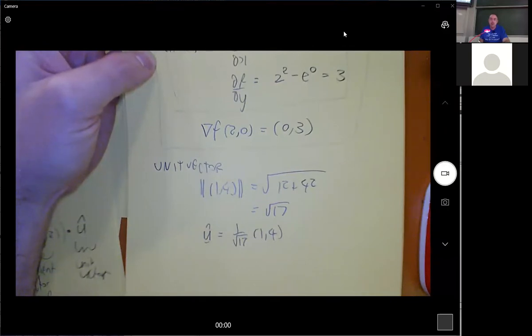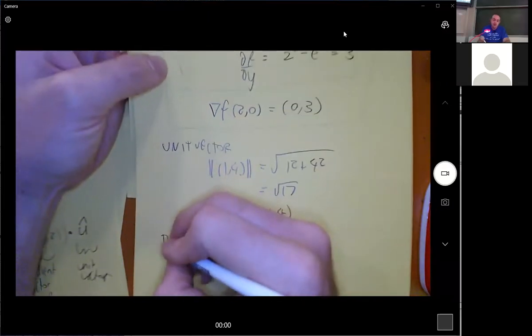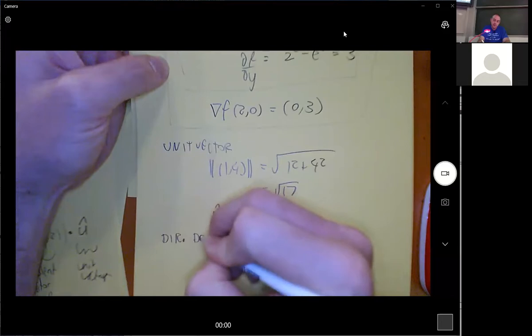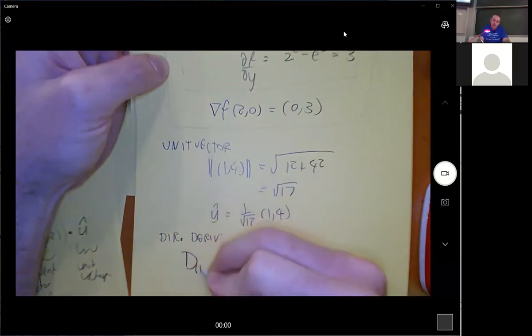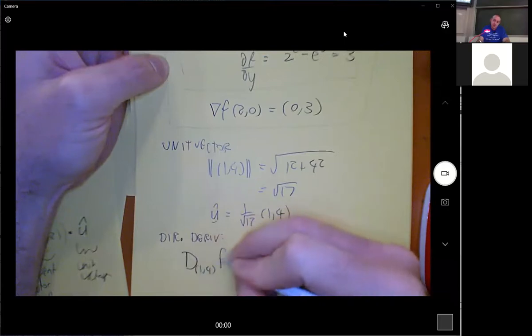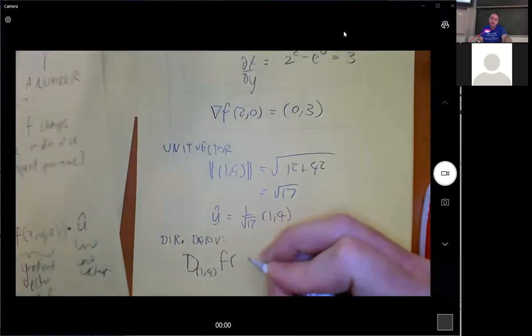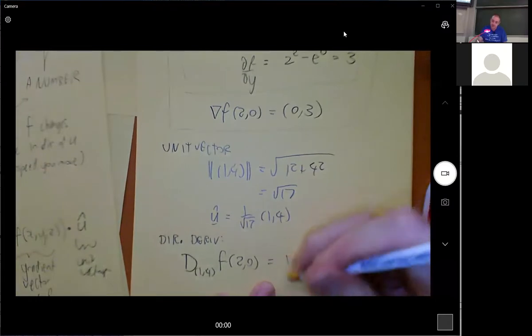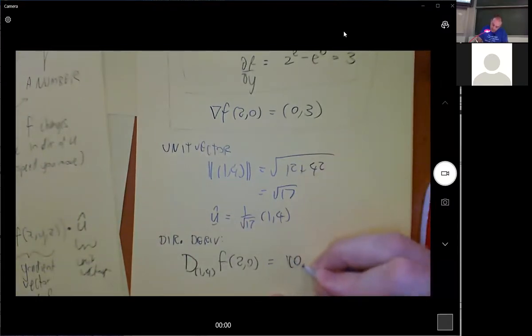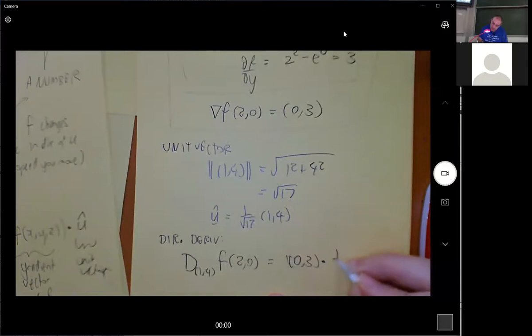All right, so now I have a gradient, I have a unit vector, so now the directional derivative in the direction of 1, 4 of the function f at the point 2, 0 is the gradient, which was 0, 3, dot with the unit vector.